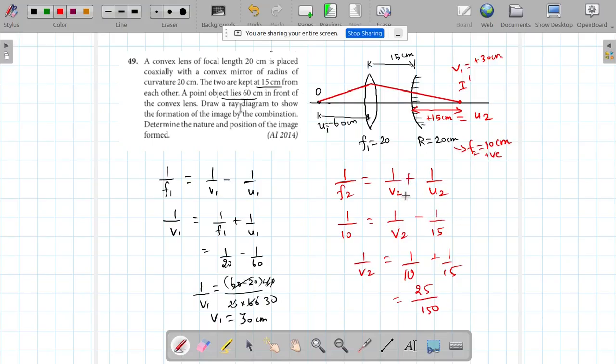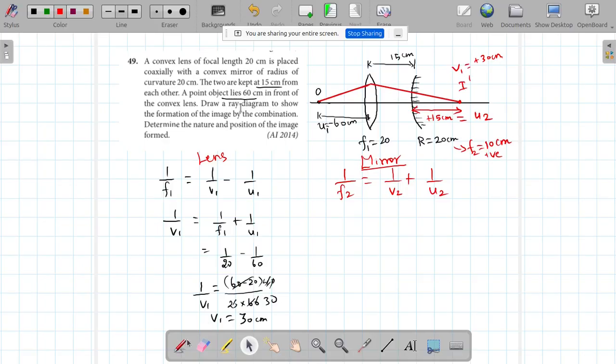Sorry, actually it is positive, right? We have taken the lens formula. We made a mistake. Here it is a mirror; only here it is a lens. So this is the mistake: instead of the mirror formula, we have taken the lens formula.